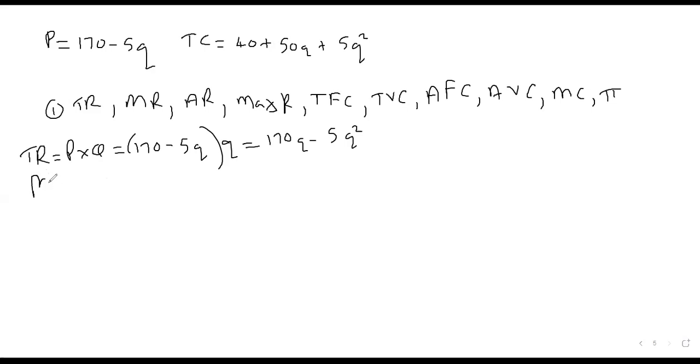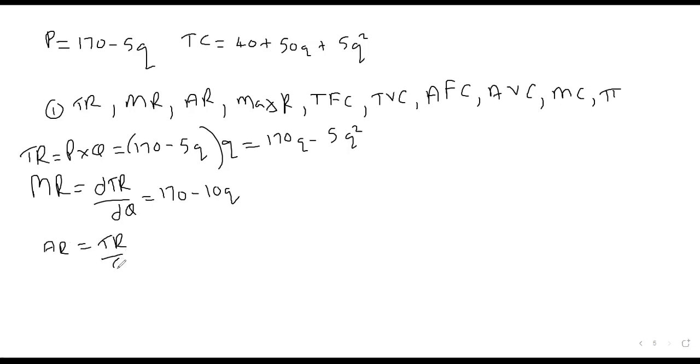So how do you find the marginal revenue? We differentiate the total revenue. So dTR over what? dQ. So in this case, 170Q becomes what? 170. 5Q squared becomes what? 10Q. Differentiate that. Then average revenue, what is the formula? We divide the total revenue over what?